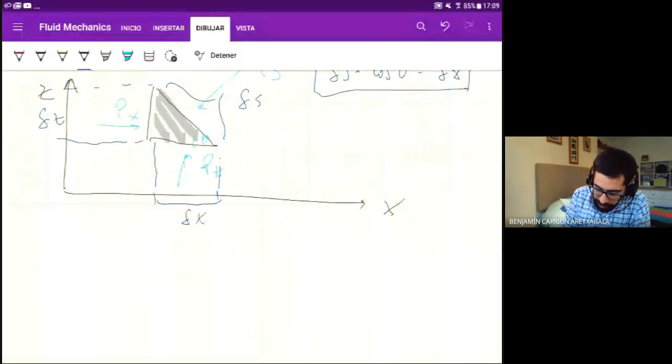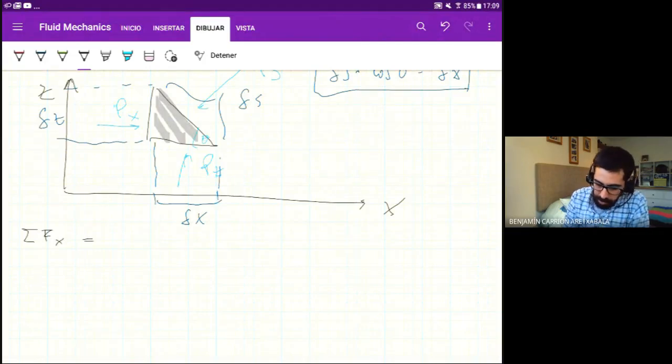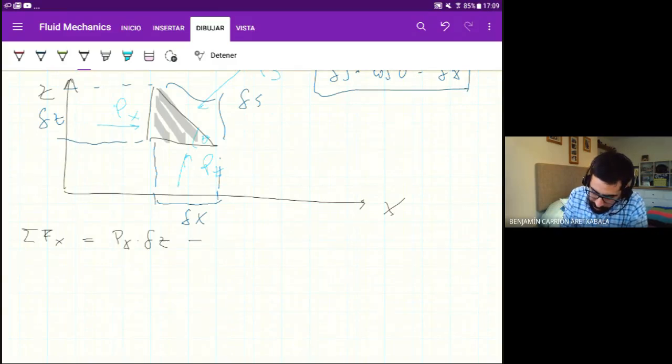So if this is the case, let me go back to the black one, and we do the sum of forces in the lateral dimension, x, which should be equal to the pressure x times the area, which in this case is just delta z, minus the pressure s times ds.